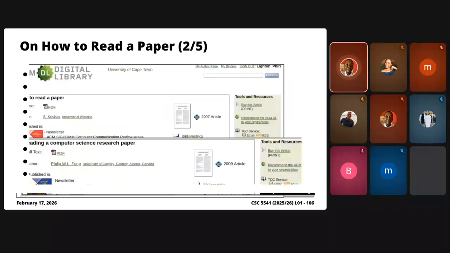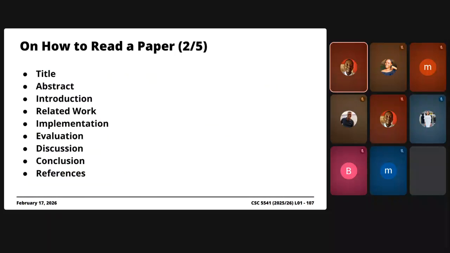What Keshav says is that your typical research article that you'd be interested in synthesizing is made up of certain generic sections. If it's a long document, it will have chapters, but if it's a journal article or a conference proceeding paper, these will be sections: the title, abstract, introduction, related work, implementation, evaluation, discussion, conclusion, and references.